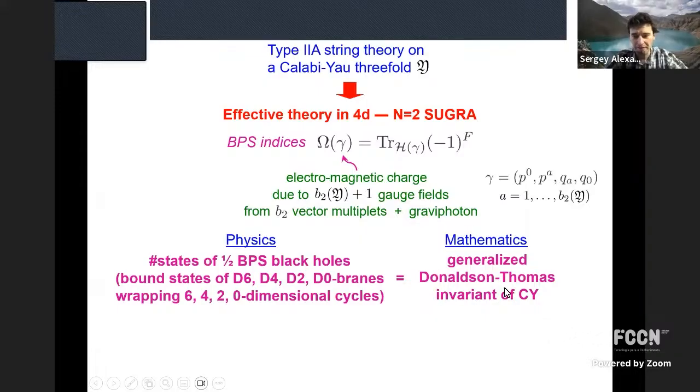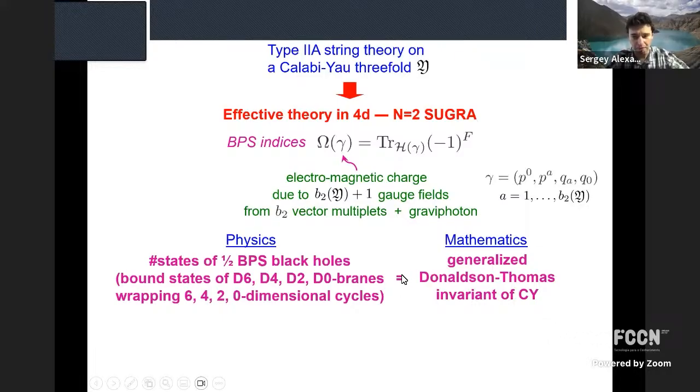And on the mathematical side of the problem, these BPS indices have been conjectured to coincide with the so-called generalized Donaldson-Thomas invariants of the Calabi-Yau. And for mathematicians, it's a really great challenge to compute these guys.